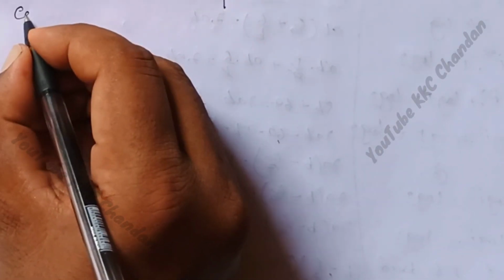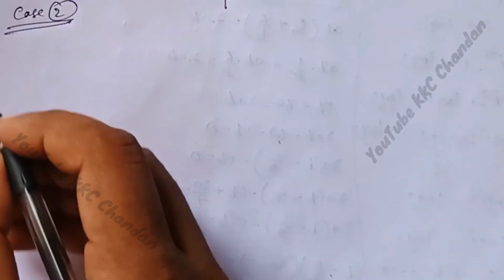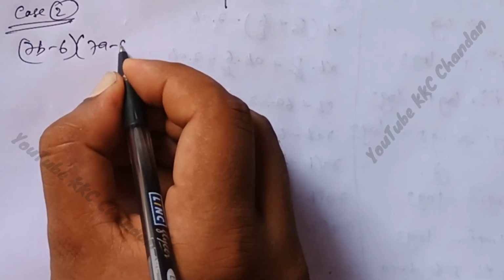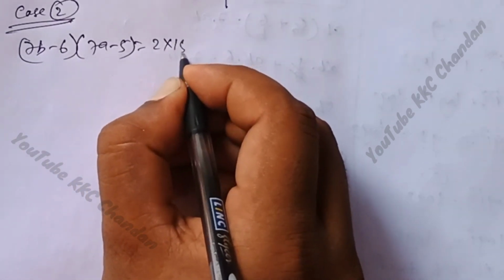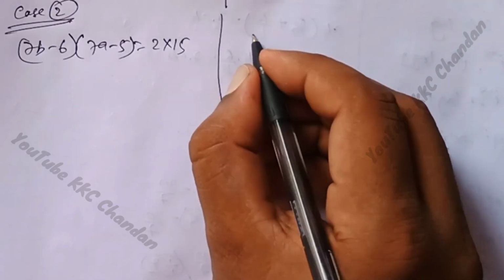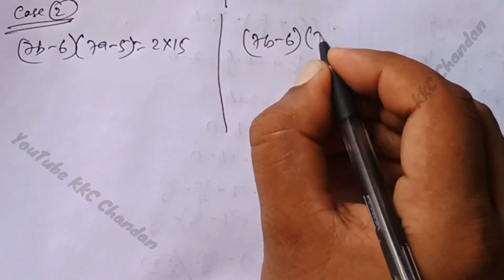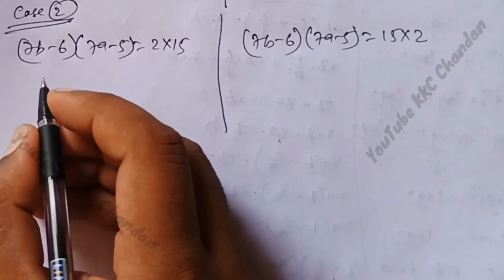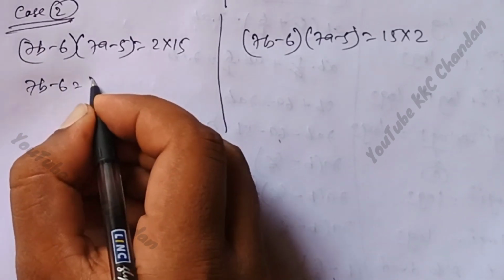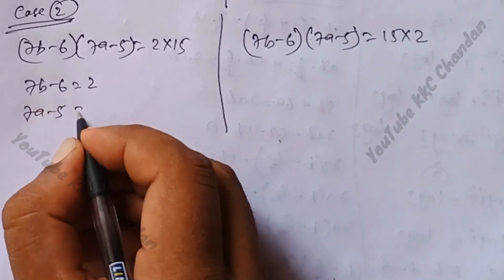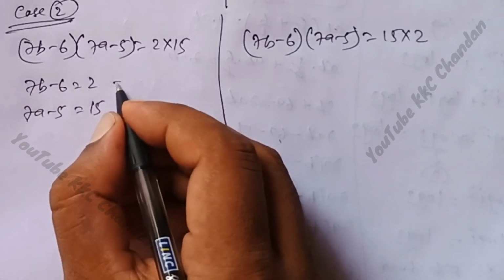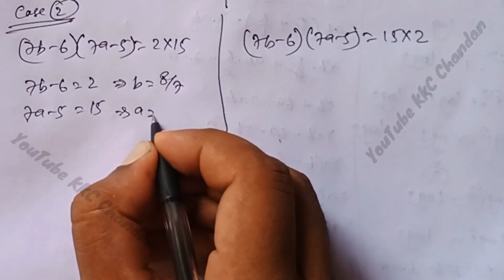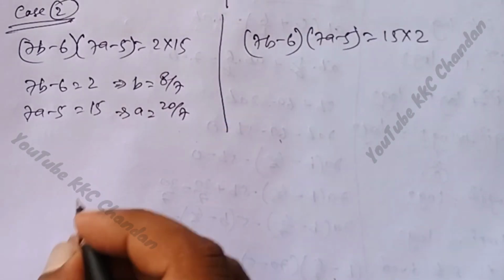Case number second. 7b minus 6 into 7a minus 5 is equal to 2 into 15, and 15 into 2. 7b minus 6 is equal to 2 and 7a minus 5 is equal to 15. Here b value is equal to 8 divided by 7 and a value is equal to 20 divided by 7.